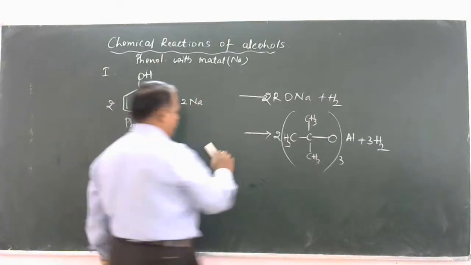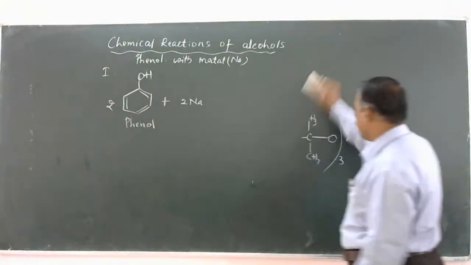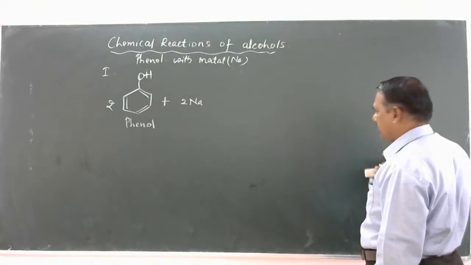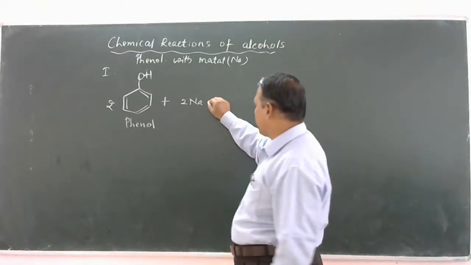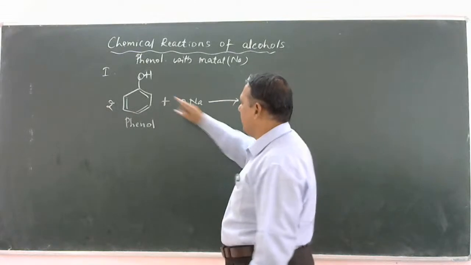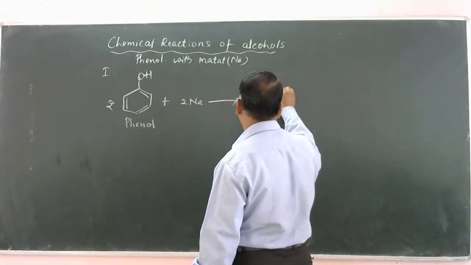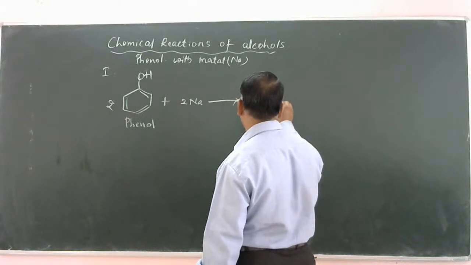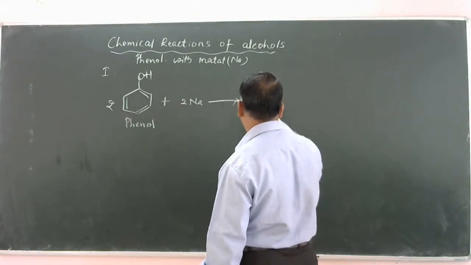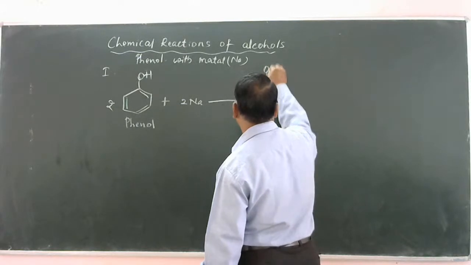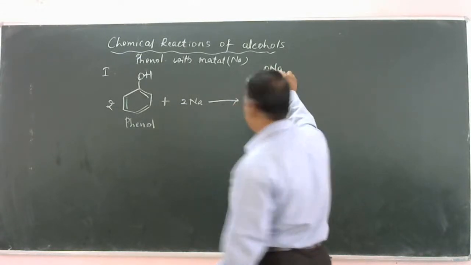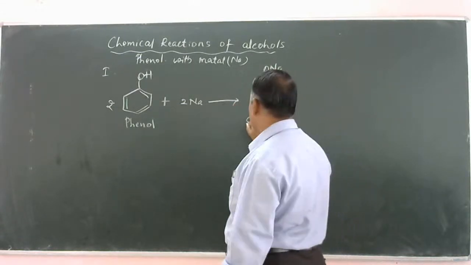See, what are the products formed? Let us see. Phenol reacts with sodium metal, and we will get sodium phenoxide. This is nothing but ONa, which is called sodium phenoxide.